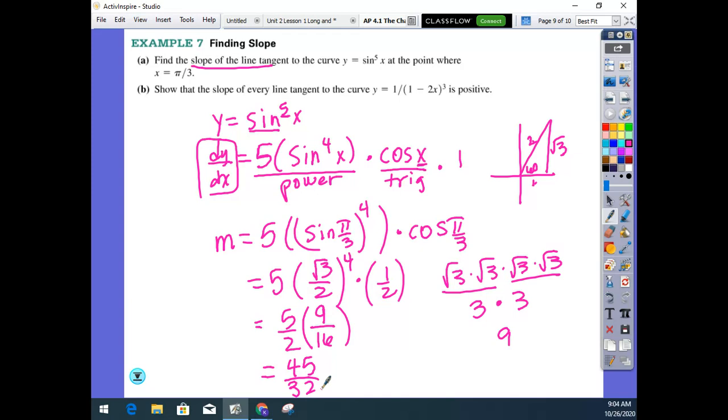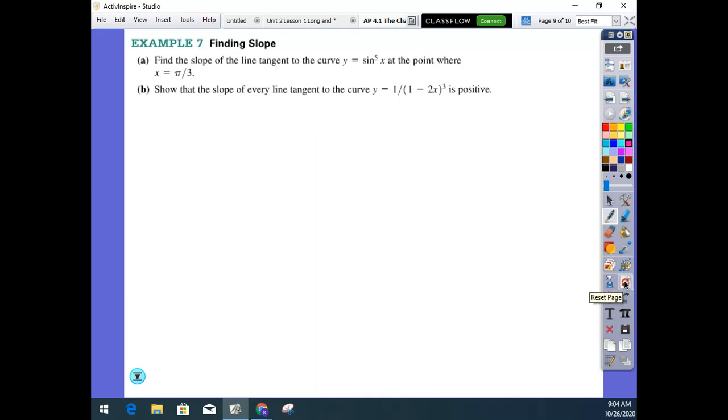All right, last one. I'm going to go ahead and clear this. As soon as you get that copied, you might want to pause it because I'm going to clear it for letter B. Show that the slope of this function is positive. So remember, our slope is represented by dy/dx.